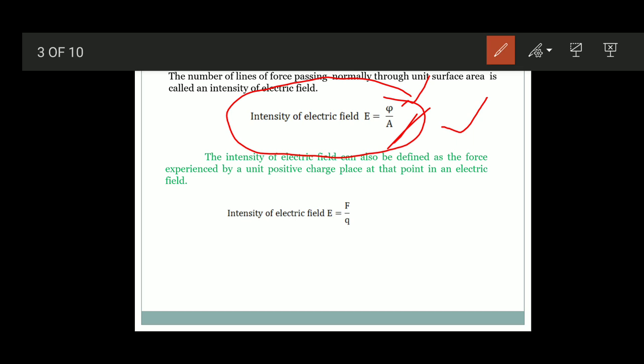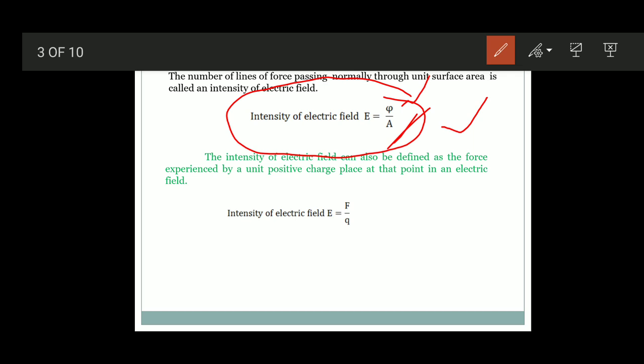And the second definition is that when a positive unit charge is placed in an electric field, some force is experienced. That force experienced in an electric field by the unit positive charge is called intensity of electric field.